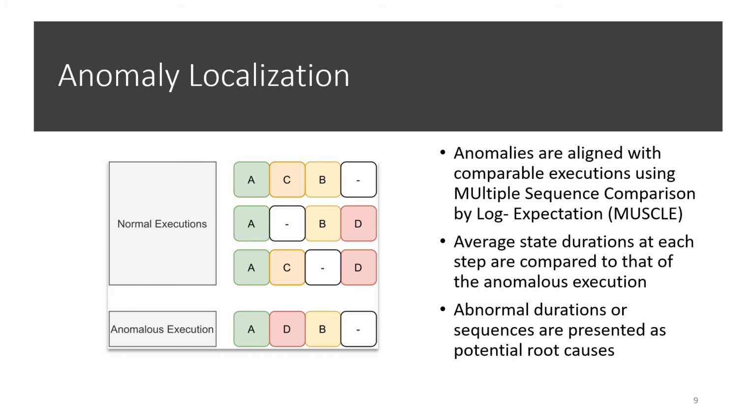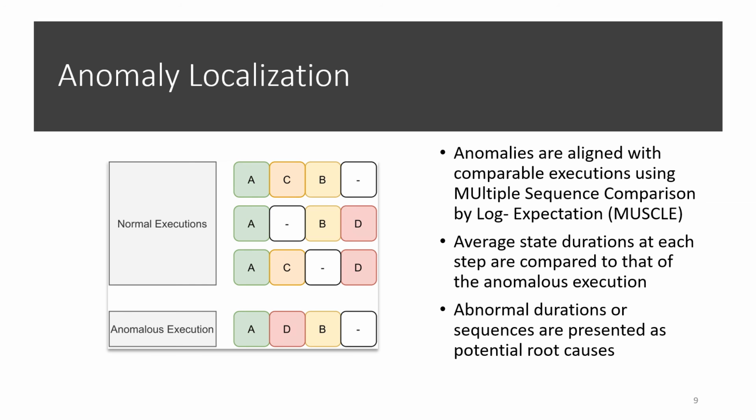So once we have our identified anomalies, we then go into our anomaly localization phase to identify the exact region that a developer or analyst should look at first. So anomalies are aligned with the cluster of comparable normal executions using multi-sequence alignment.